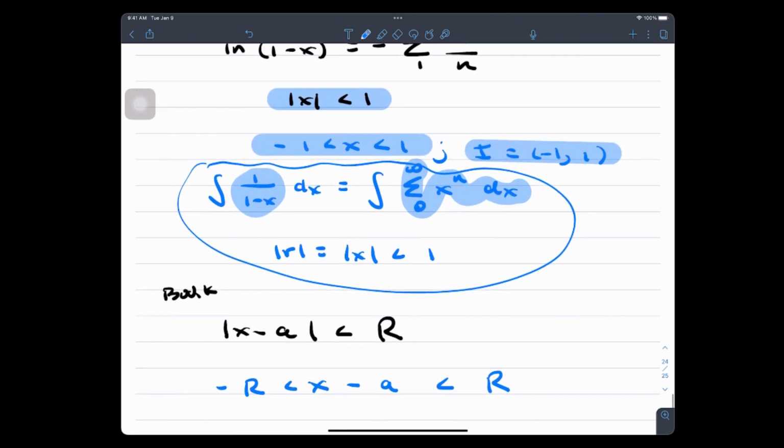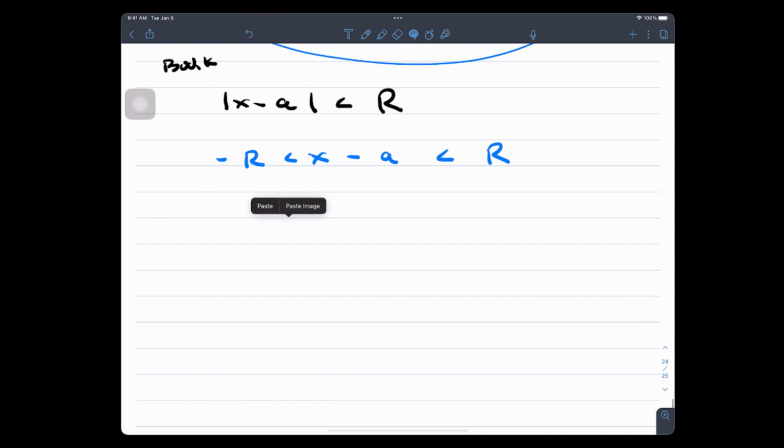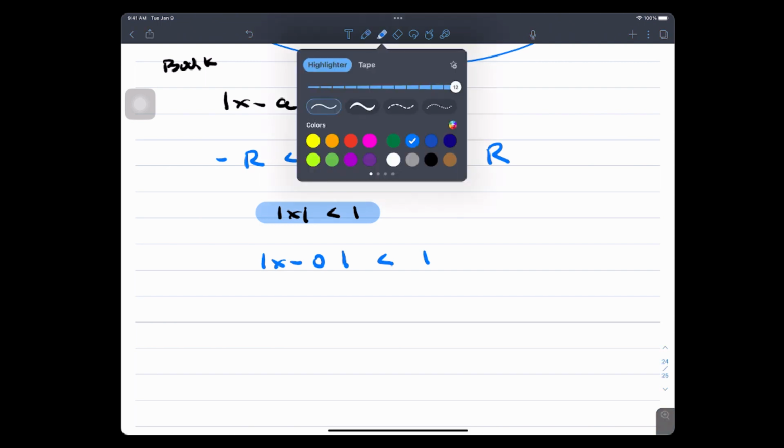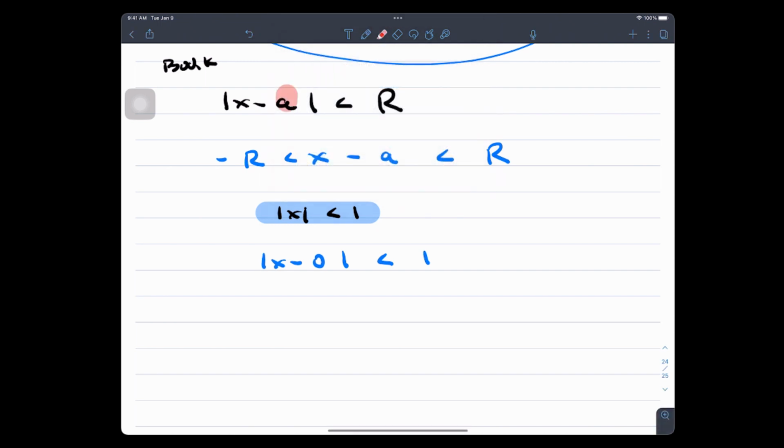Since your interval of convergence right in here is what we have, I just have to remark that this is the same as the absolute value of x minus 0 less than 1. Okay? And so the a value is 0. So this is centered around 0 is what we're saying.